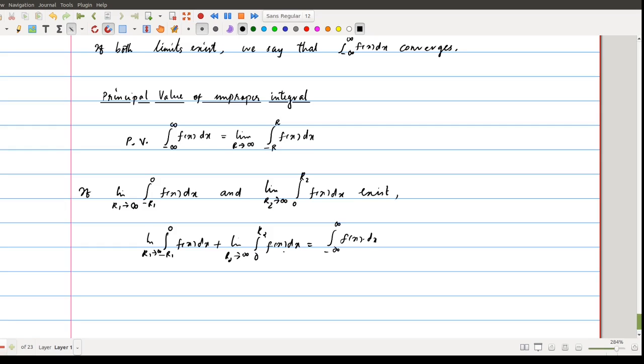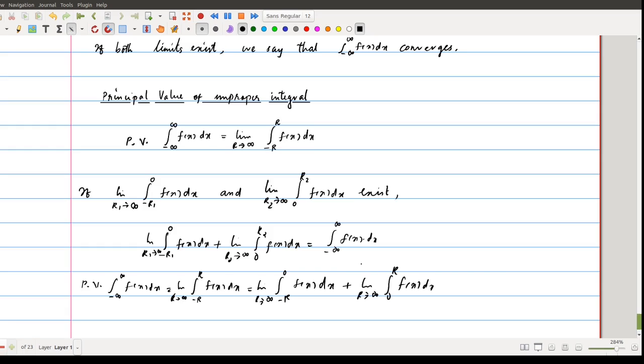This is the definition. So if these two limits exist, then the principal value of the integral from minus infinity to infinity of f of x dx, that is equal to the limit as r tends to infinity of the integral from minus r to r of f of x dx, can be written as the limit as r tends to infinity of the integral from minus r to 0 of f of x dx plus the limit as r tends to infinity of the integral from 0 to r of f of x dx.